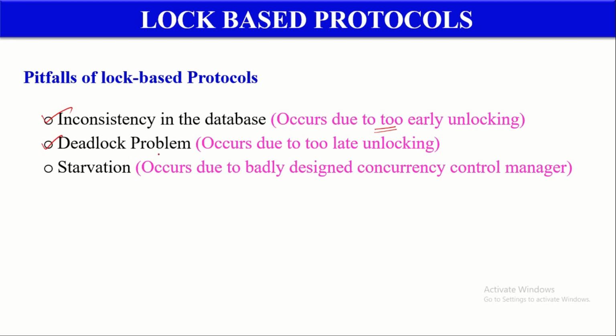It may also lead to a deadlock problem, which occurs due to too late unlocking. And this simple lock-based protocol may also cause a starvation problem, which occurs due to a badly designed concurrency control manager. So let us discuss these problems with suitable examples.